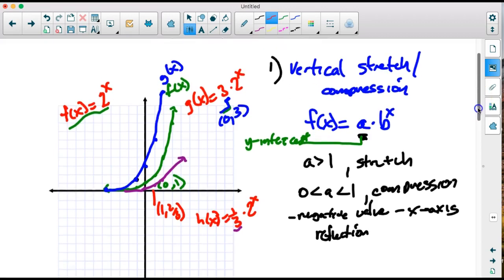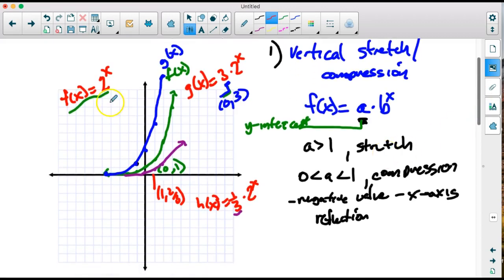Now, if we also had a function that's opposite of that, let's say a function L of x, that's negative 1 times 2 to the x. That's going to take this green function and just reflect it.